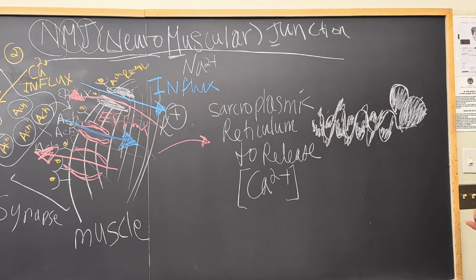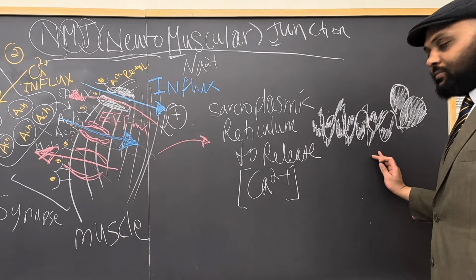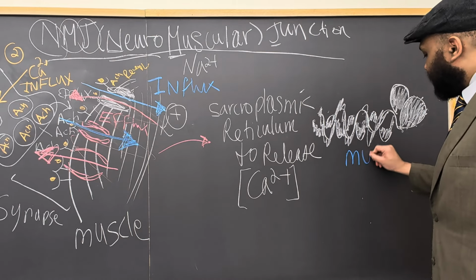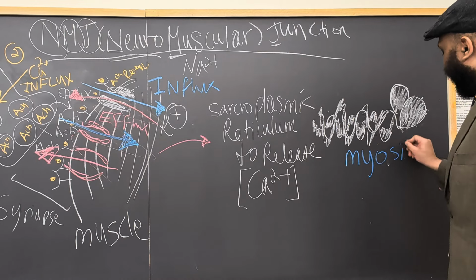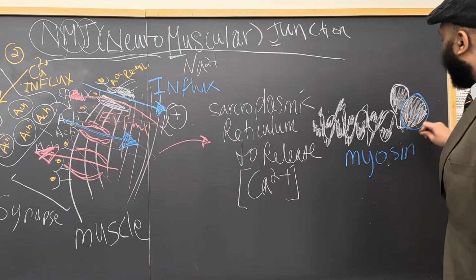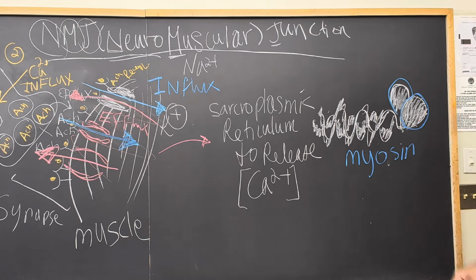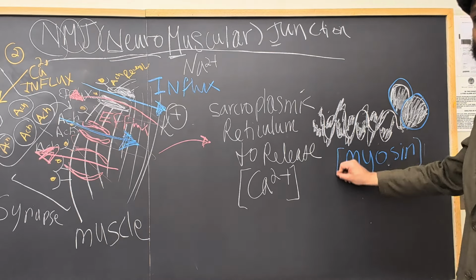Okay. What do we call this structure here? The double golf head. Myosin. So myosin has two golf heads. That's the first protein you need to know: myosin.